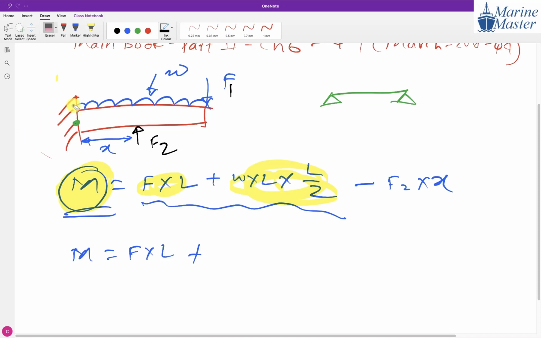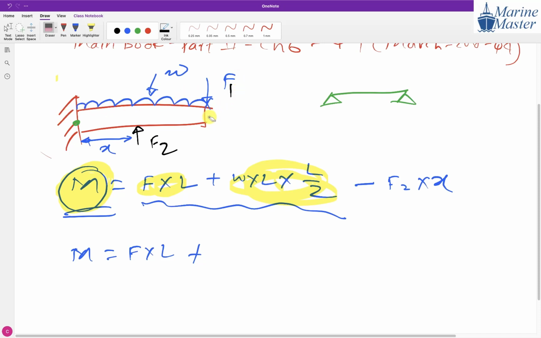We are not showing them, because whenever we have a fixed support, some reaction forces develop: Rx, Ry and a moment reaction. But that is not our area of interest. Otherwise you will say, sir, no forces on this side, so how is it maximum here? There are reaction forces, but we are not showing them.